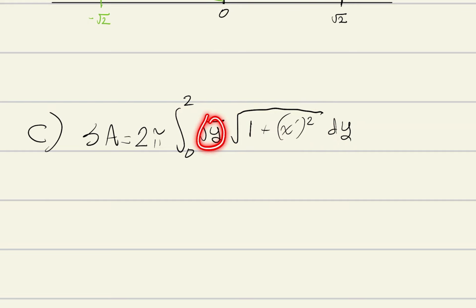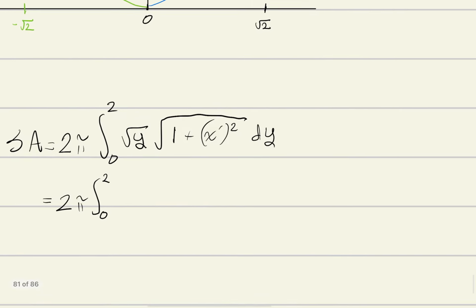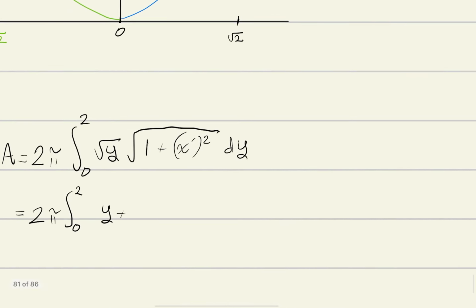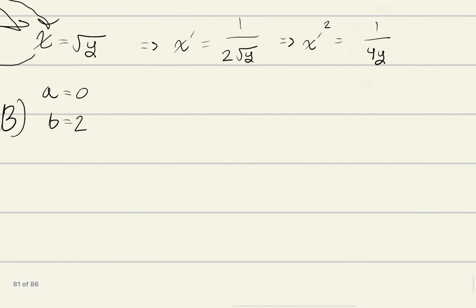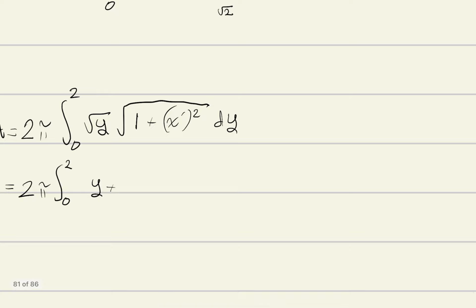So we can distribute this y value into both of these terms. So we would get 2 pi times the integral from 0 to 2, y times 1 is just y, plus y times 1 over 4y is just 1 over 4. This is all under a square root, dy.